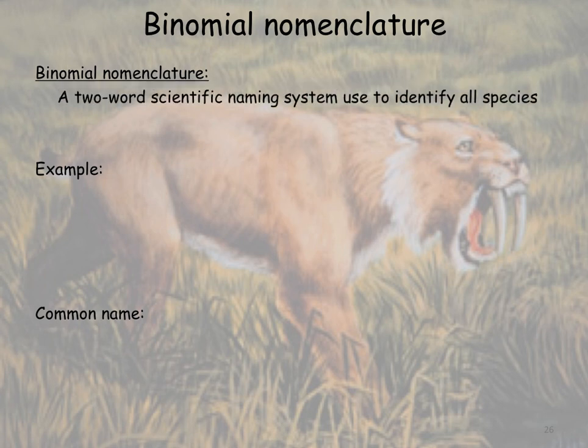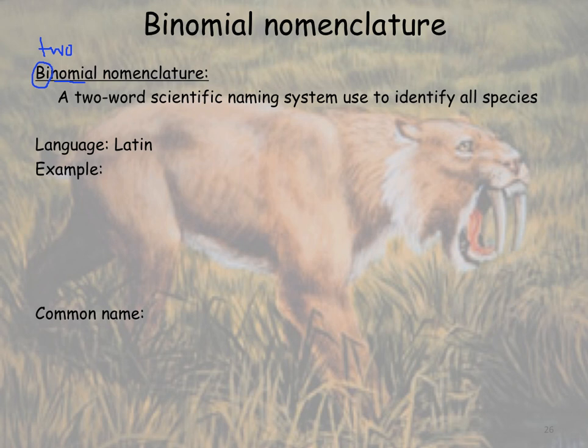Binomial nomenclature is a two-word scientific naming system that scientists use to identify all species. And as you might have guessed, binomial nomenclature uses the Latin language. If you pick apart this vocabulary term, you may notice that the prefix bi means two, and you may have noticed also that the root nome, especially if you take Spanish, you have seen this root in the word nombre, means name.